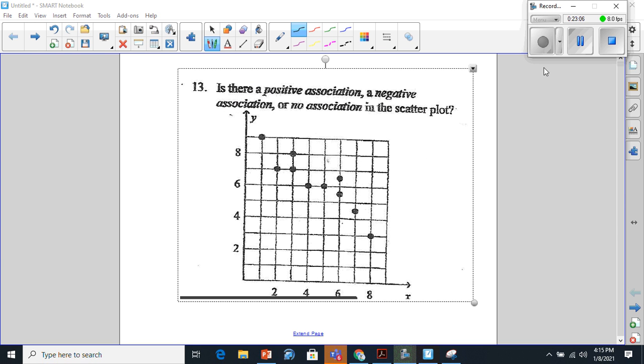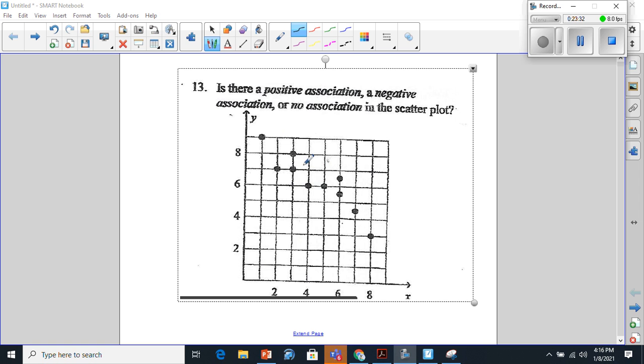All right, so let's go to number 13. Number 13 is saying, is there a positive association, a negative association, or no association in the scatter plot? And what they simply mean is the association of dots, are they forming in a positive slope, a negative slope, or no association, which would be straight across or scattered everywhere, actually?